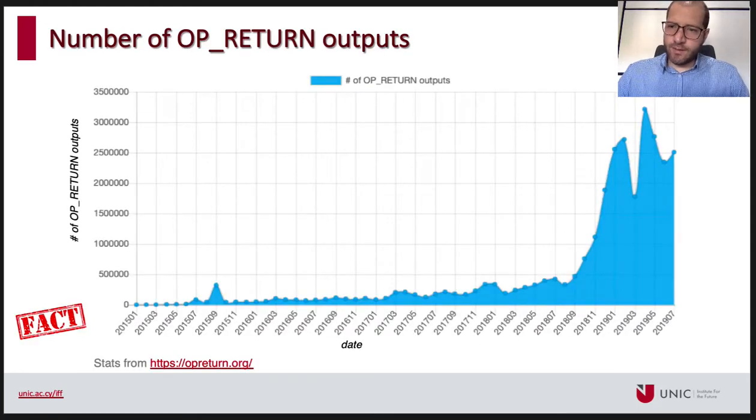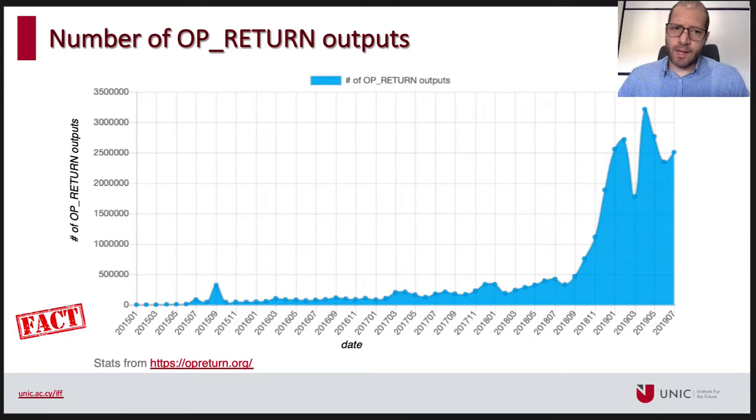So the second fact that I would like to highlight is that there is an increase in the number of OP_RETURN outputs. Although the Bitcoin community is divided with regards to whether the use of the Bitcoin network as a platform for data publication and storage is appropriate, this plot clearly shows a significant increase in the number of OP_RETURN output transactions.